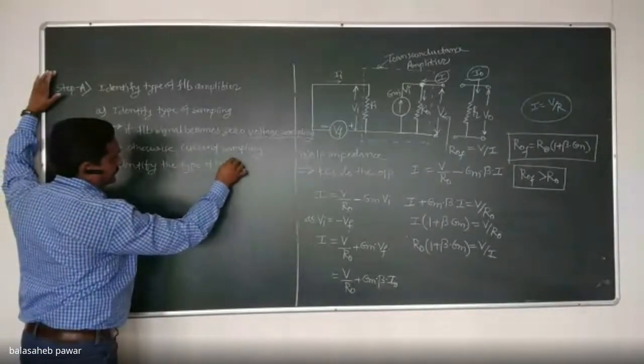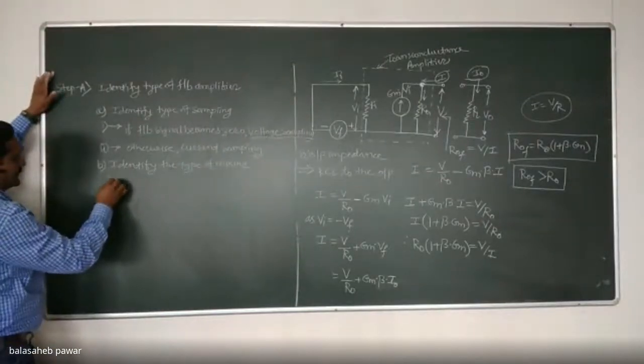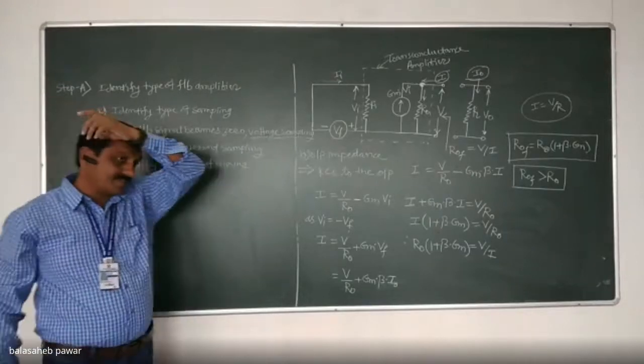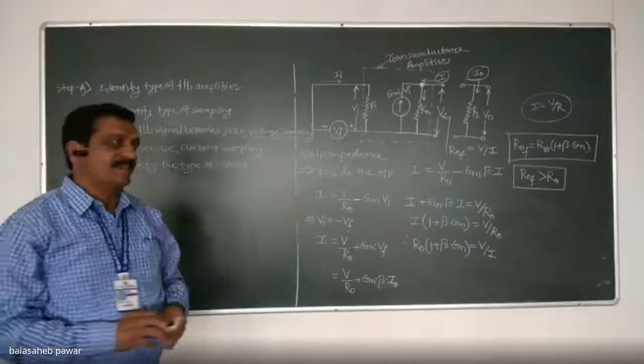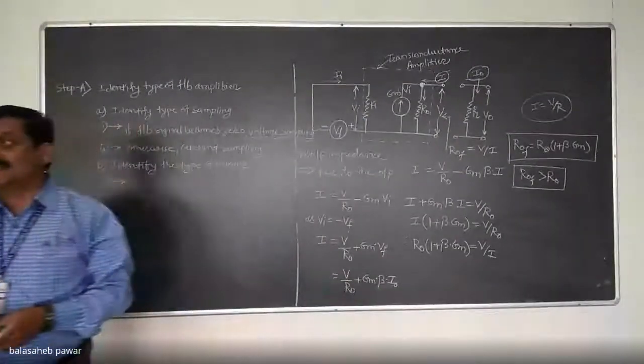Which types of mixing are there? Either series mixing or shunt mixing. Correct? So how to identify which type of mixing is there in the given circuit diagram or numerical?